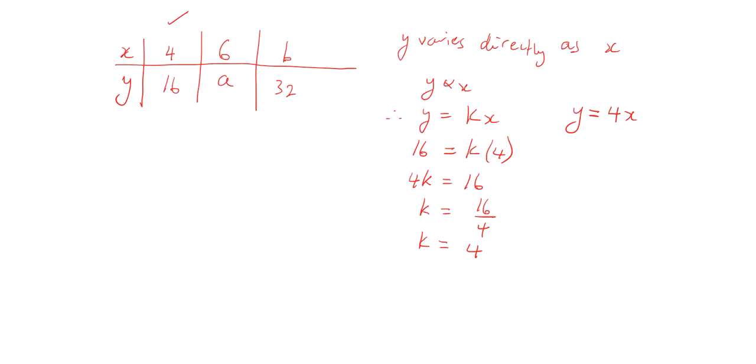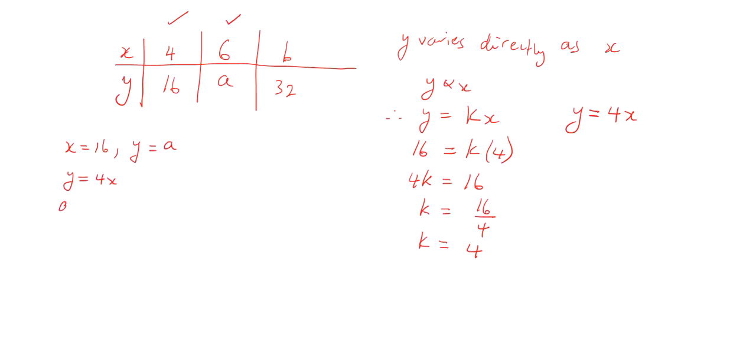Then, in the second part now, to find a, they gave us x is equal to 6, and we need to find a. So we know that x is equal to 6 when y is equal to a. But we already know that y is equal to 4x, right?